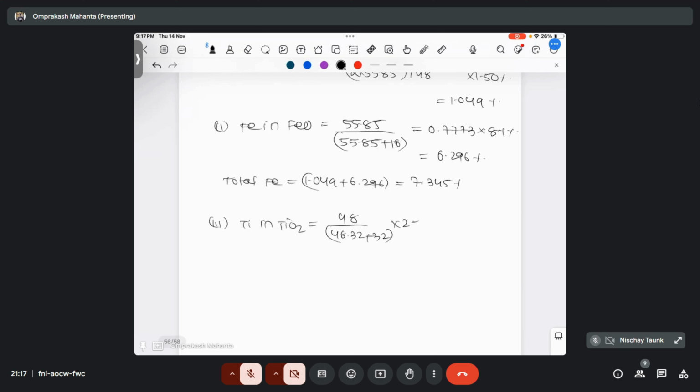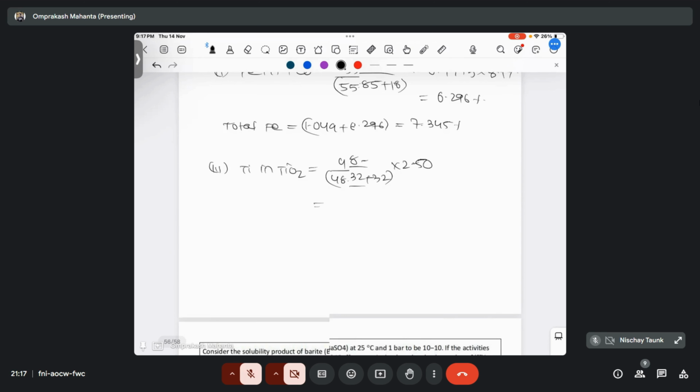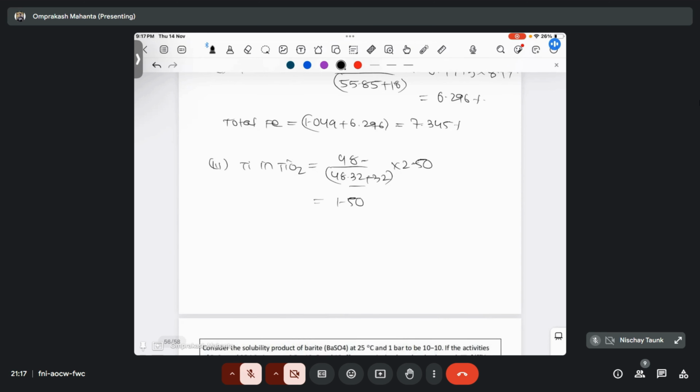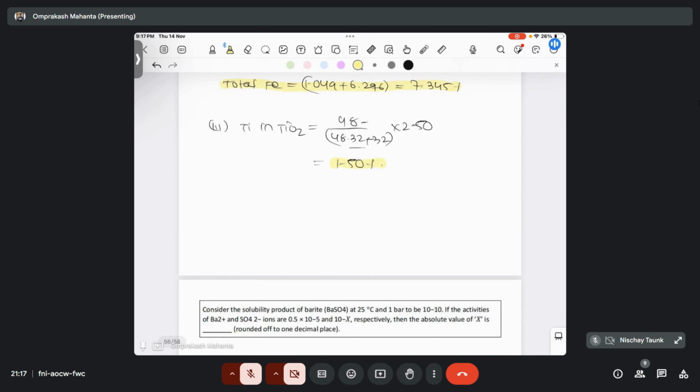This is basically the weight of Ti, and this is basically the equivalent weight of TiO2. This is 1.50 percentage. So now Fe we got as 7.345, and Ti is 1.50, and it asks to calculate the Fe by Ti value. So Fe is 7.345 percentage by 1.50 percentage. So the answer will be 4.89 percentage.